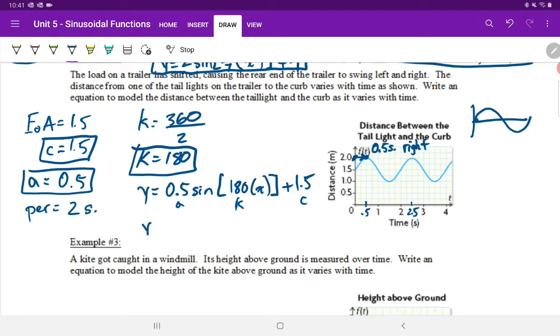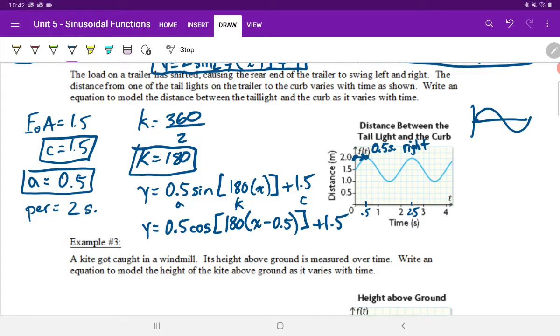So if I were to write out a cosine function, I can do it as 0.5. So nothing changes with A and K and C. The only thing that changes is you get an x minus 0.5, versus no phase shift in the sine function.